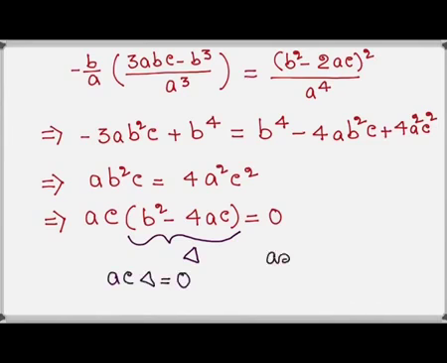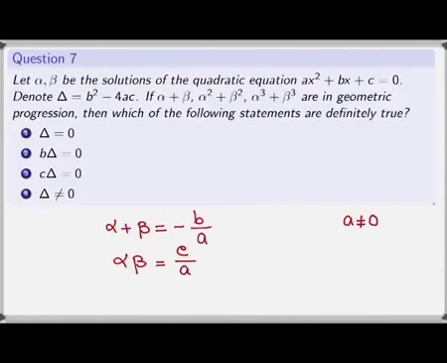Now as a is non-zero, we can definitely say that c delta is equal to 0. Therefore, we can see that the third option is definitely true. But we cannot comment on the rest of the options as we have no information about b and c.